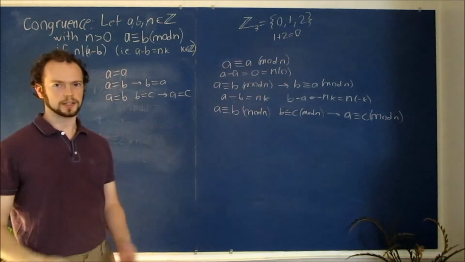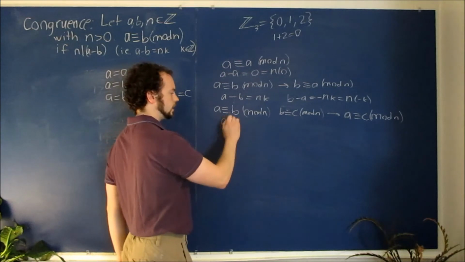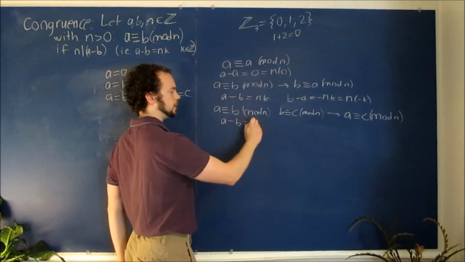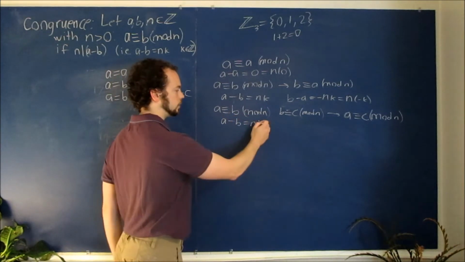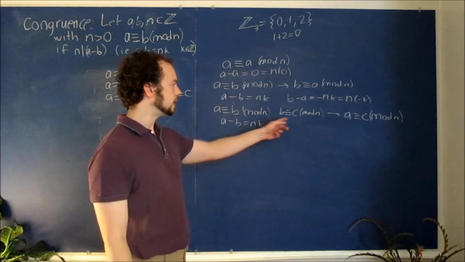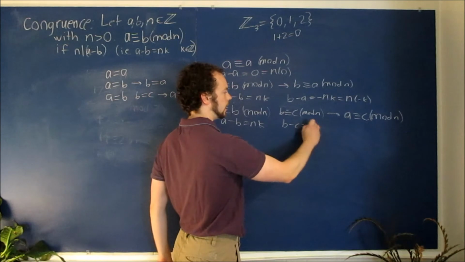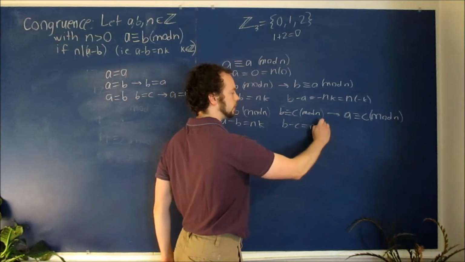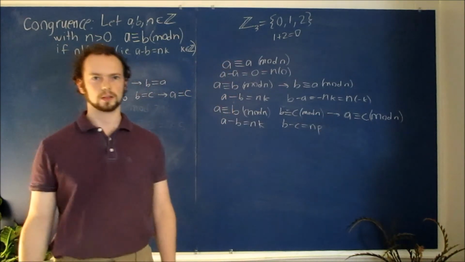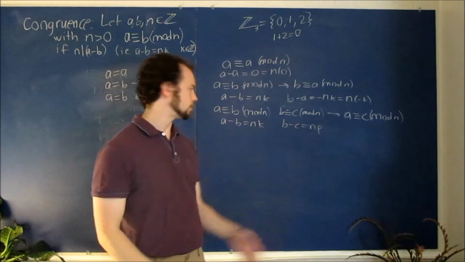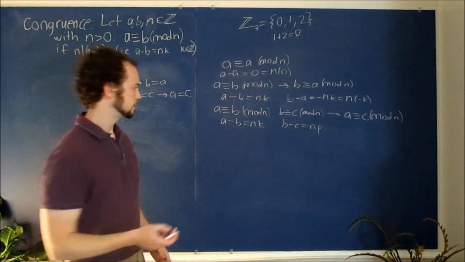And the answer again is yes. Here we have a minus b equals nk, for some integer k. B congruent to c means we can write b minus c is equal to n times some other integer. I'll just call it p, right? So k and p are just two arbitrary integers here.